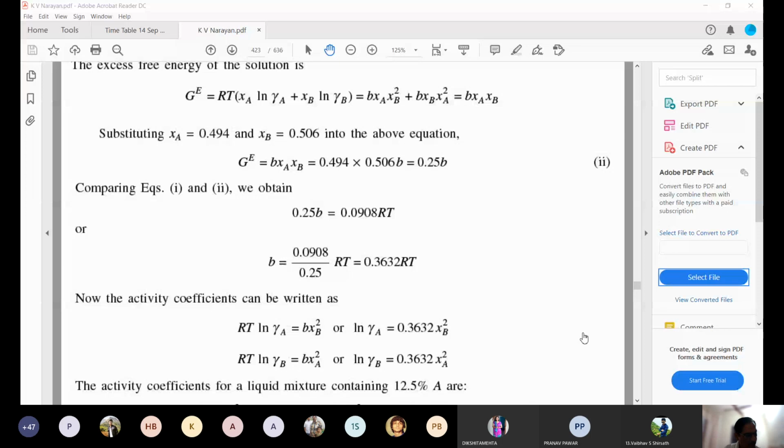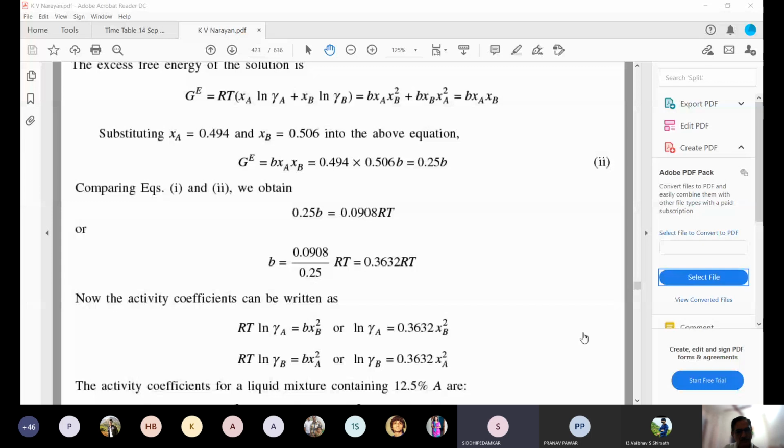Sir, gamma A is 1.321 and gamma B is 1.006. Okay, so once you know gamma A and gamma B, we can find out PA, or partial pressure of A, right? What is the equation for partial pressure of A?